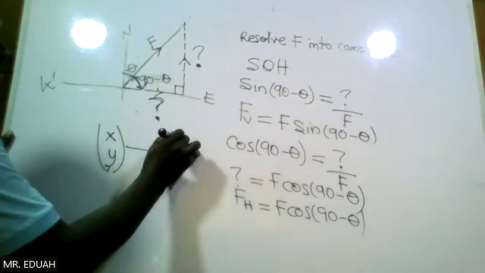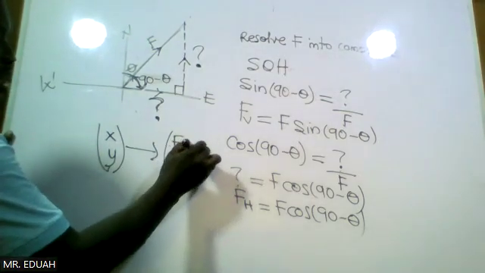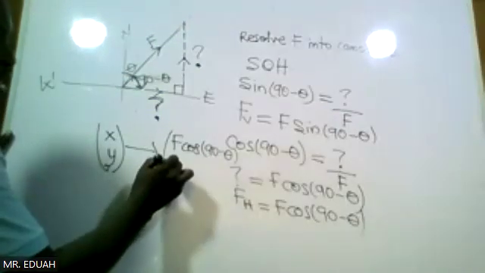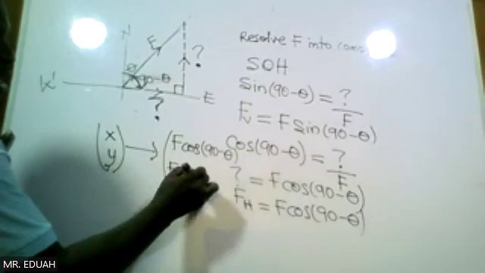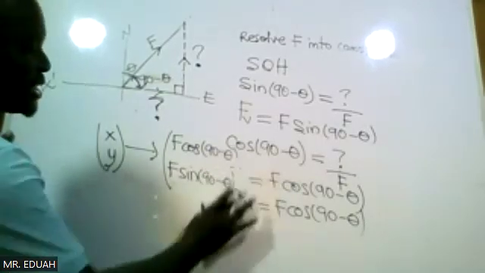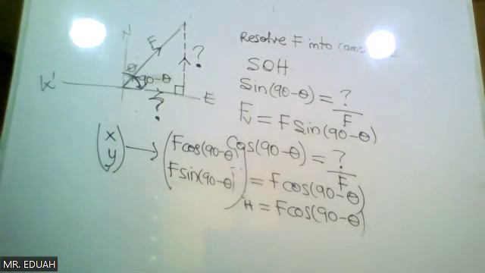The x is the horizontal, F cos 90 minus theta, and F sine 90 minus theta. So these are the horizontal and vertical components of the force F.